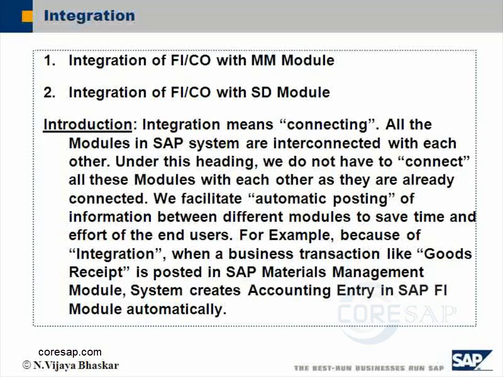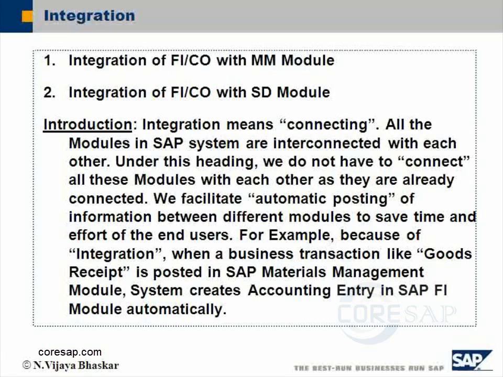Under the heading integration, we only facilitate automatic sharing of information, right? In exact terms, we only facilitate creation of entries automatically in the FI module and of course the CO module, right? Information is passed on to FI in the form of an entry probably, and in CO, in most cases, relevant reports get updated, right? So that is the advantage of integration in the SAP system.